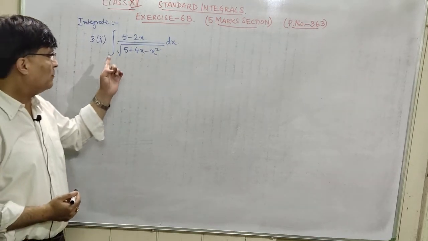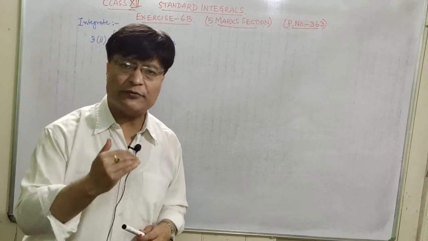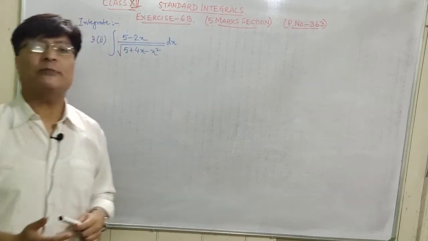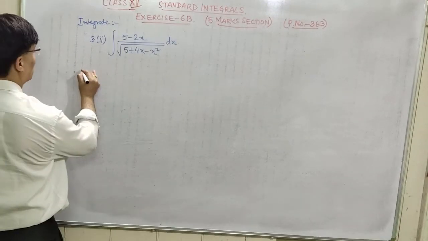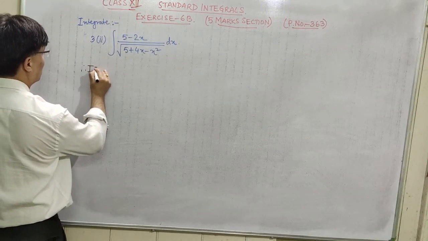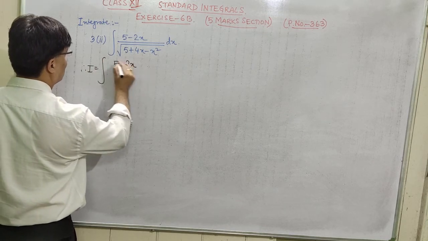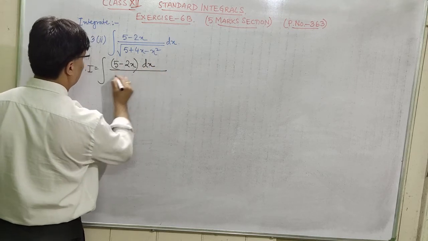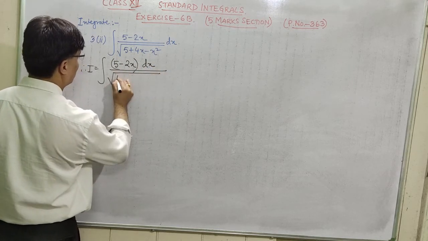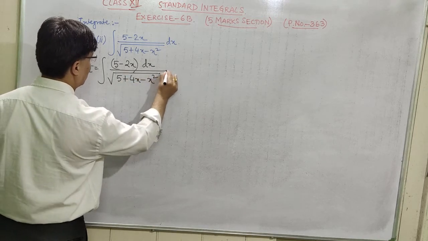So here what we do is, the differentiation of the expression inside the square root, we write in the numerator and then integrate. Okay? So therefore I is equal to integration of 5 minus 2x bracket close dx divided by root over 5 plus 4x minus x square.